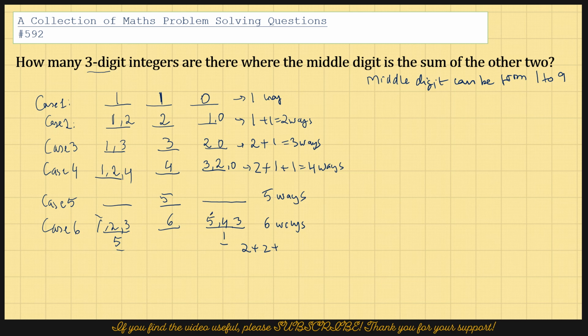The other option is 6 and 0, which would give you 660. So that's another one. So 2 and 2, 4, and 1, that is the 6 ways.